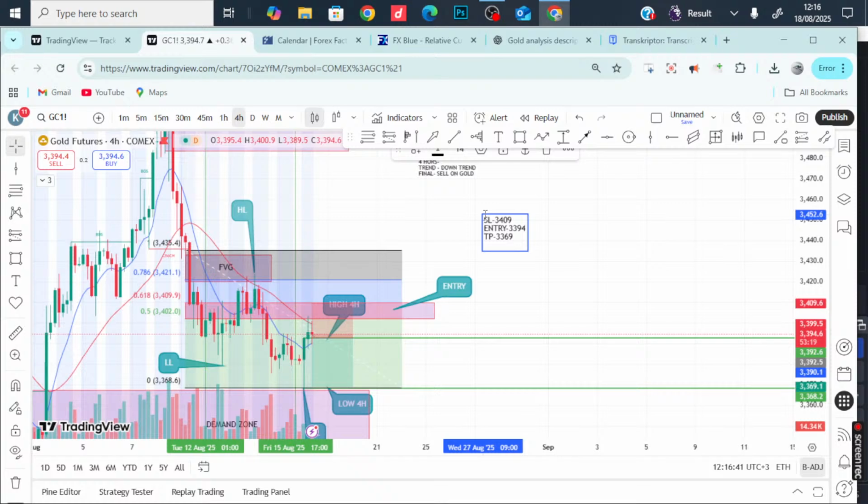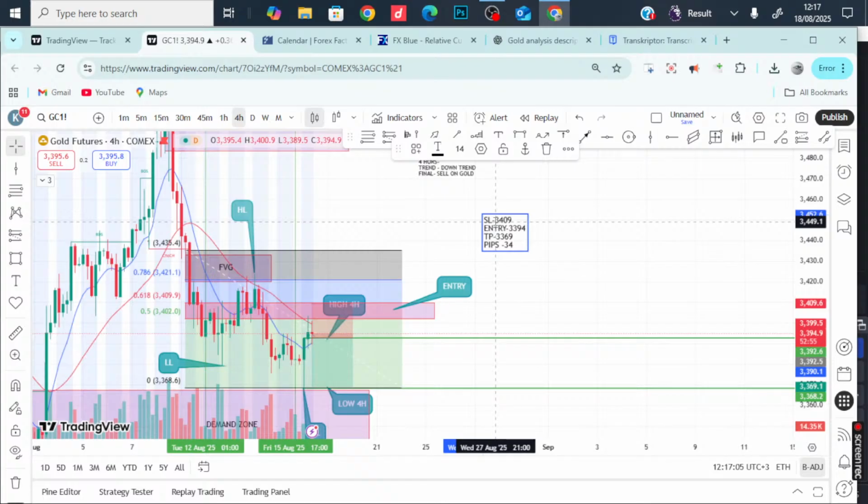This is now 34 pips. So it will be 34 pips on gold for you guys.